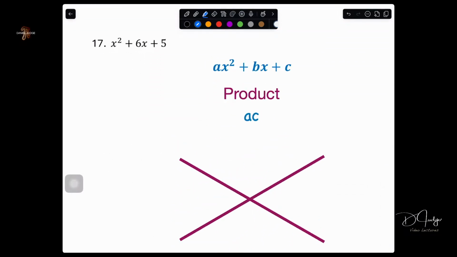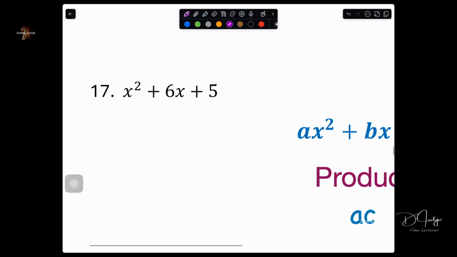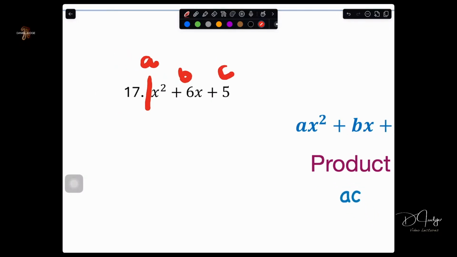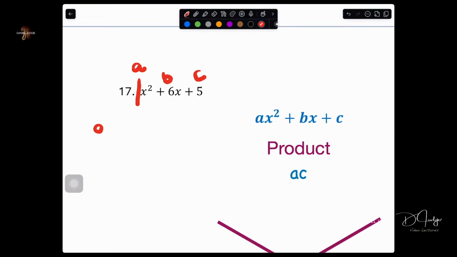Number 17, again, we have that A value being 1, B value being 6, and C being 5. So I'm going to write down my A value is 1 because it's not always going to be 1, and we'll see what we do when it isn't. But so far, it's nice and easy peasy.